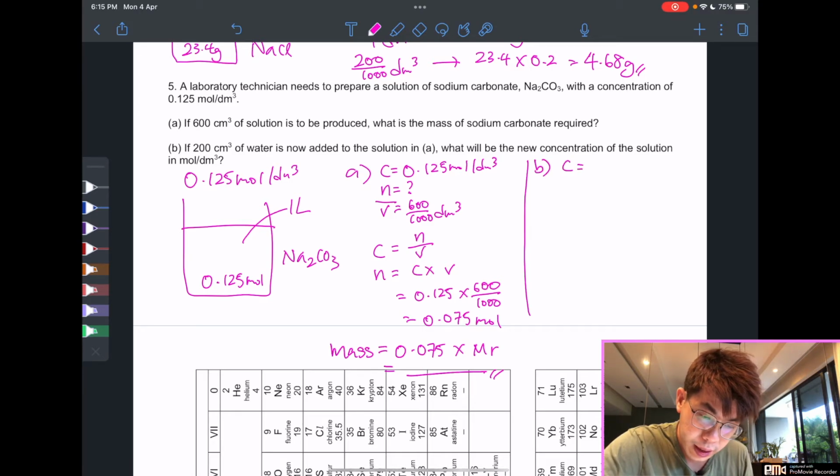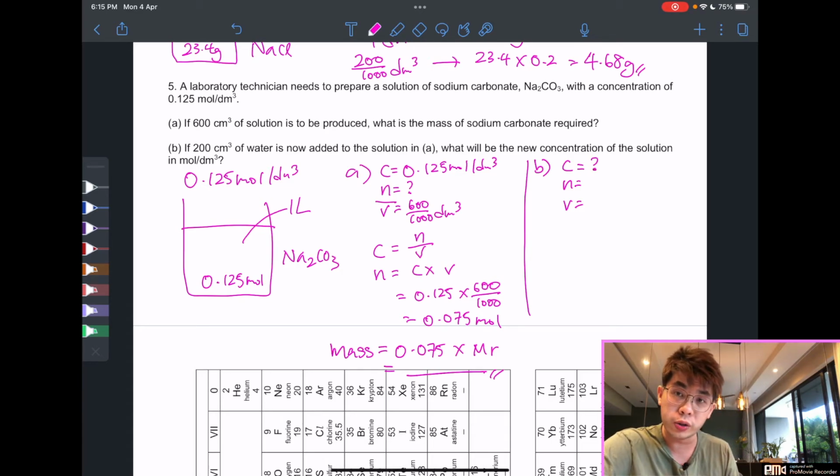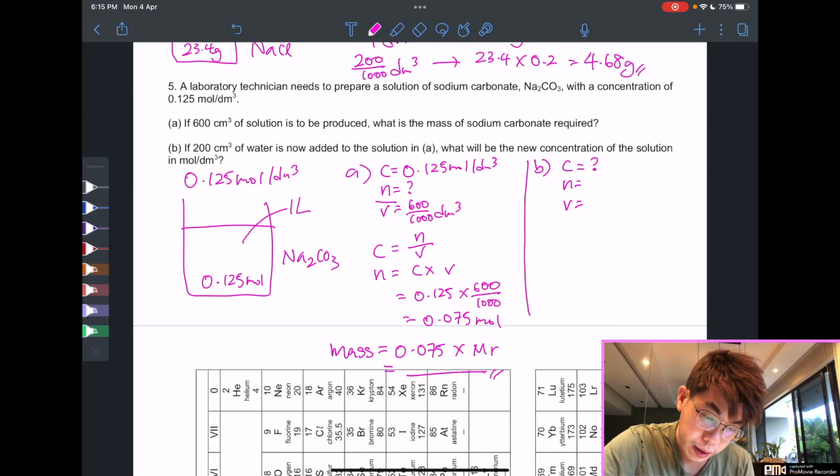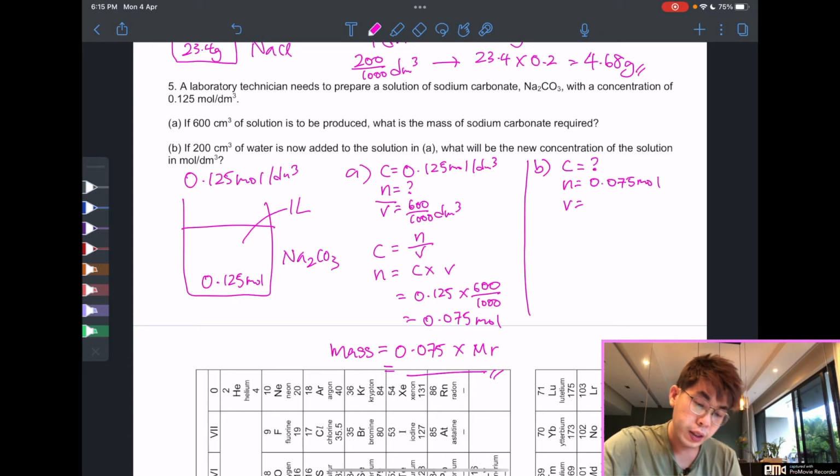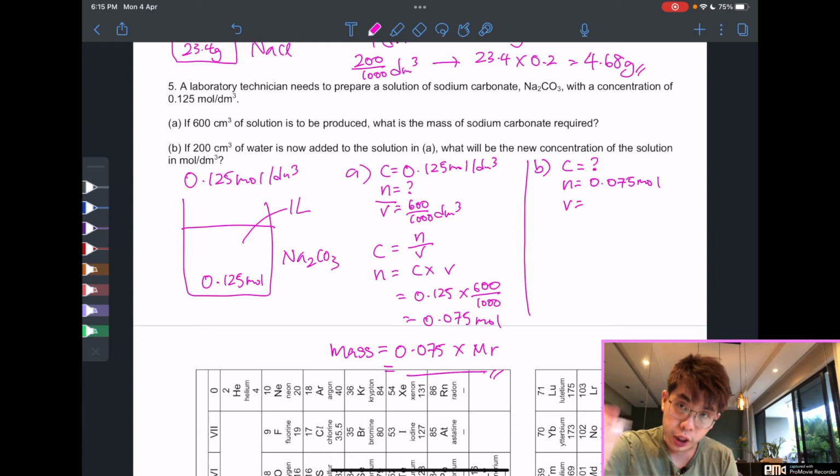So C equals to n over V. What I want to calculate is the concentration, so I have a question mark over here. What I already know is that the number of moles of solute sodium carbonate has to remain the same. I'm adding water. I'm not adding more solute. So over here, this must be 0.075 mole. However, the volume now changes.